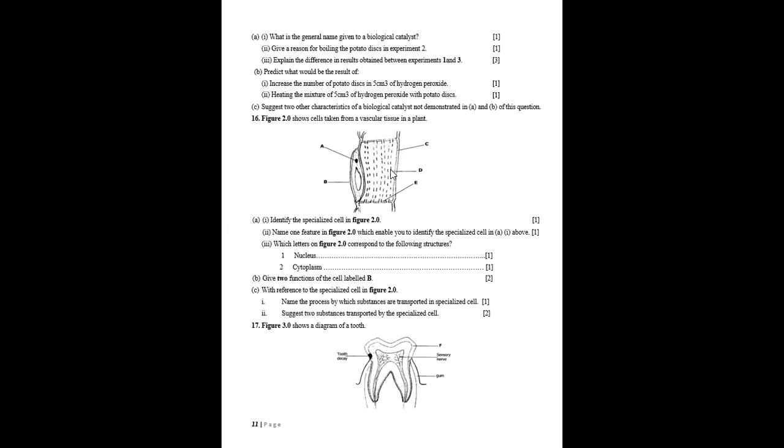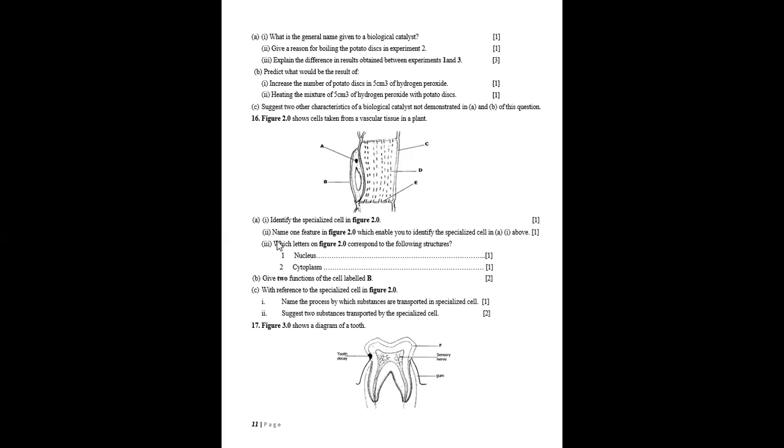We have A, B, C, D, E. A is the phloem cell. So the specialized cell in figure 2.0 is the phloem cell.